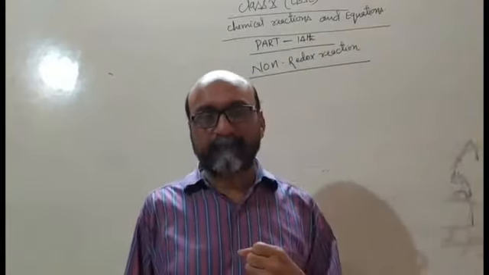The redox reaction has two parts, oxidation reaction and reduction reaction, which are the two half parts of a chemical reaction, about which we have learnt in the last video in detail.